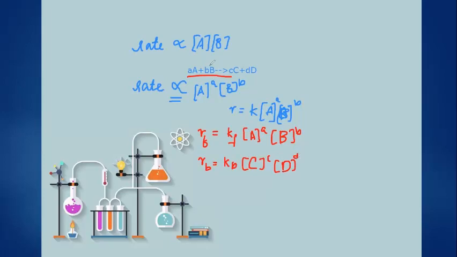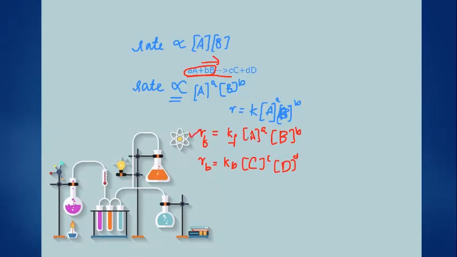So we know that when we consider the forward reaction, these are the reactants. And the law of mass action states that the rate of a chemical reaction is directly proportional to the product of the active masses of the reactants, which is raised to a power of its stoichiometric coefficient in a balanced chemical equation. So here, that's what we have derived for the forward reaction.